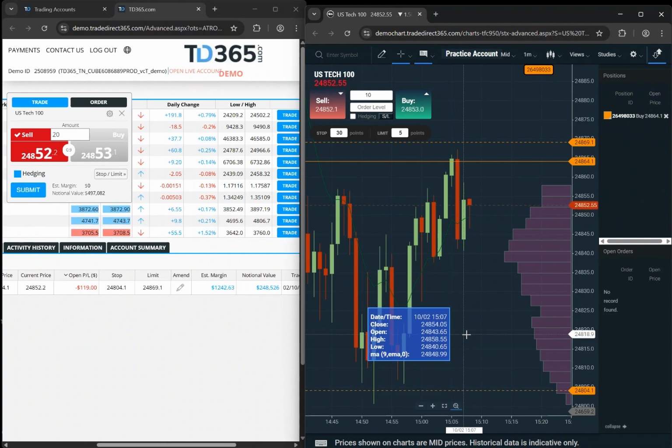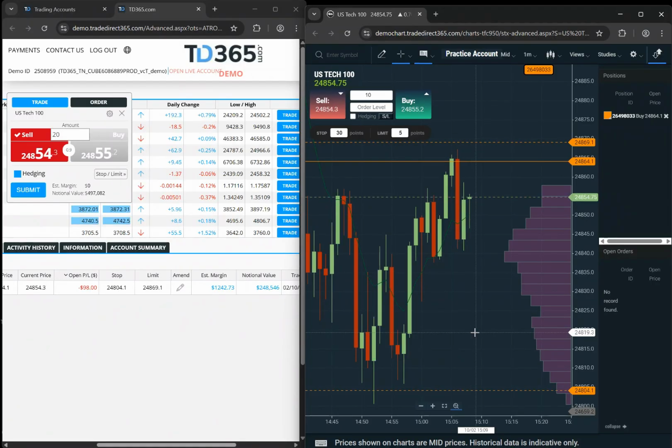But when it gets to a low volume node on the volume profile, that is where I would then add to the position, looking to exit at break even for both trades, because the low nodes on the volume profile have a decent amount of probability when it comes to trades reversing when it gets to that area.